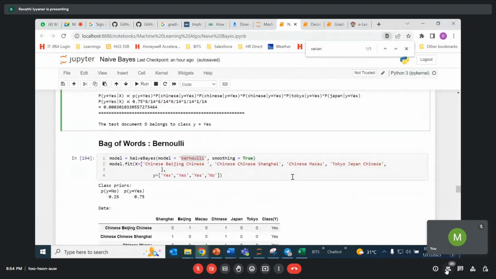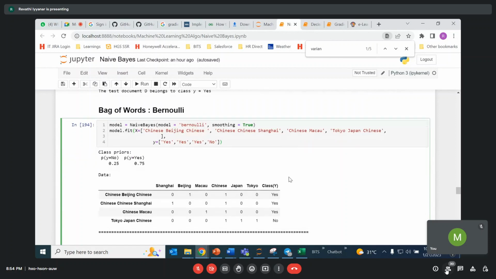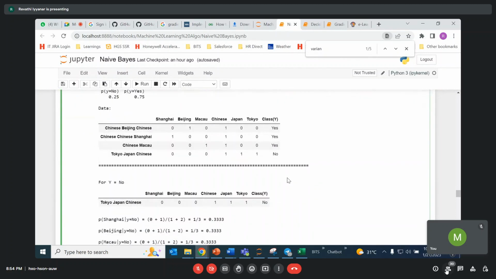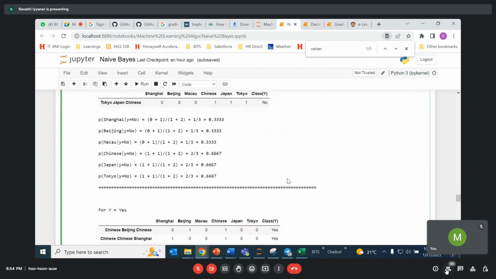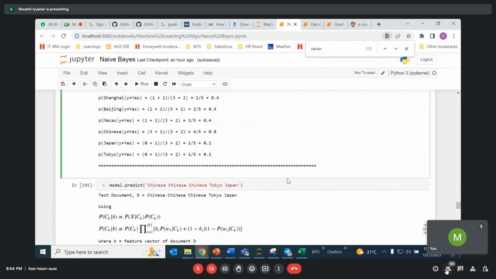I validated from different papers, and there was a small catch: one extra word it is considering under spam. Otherwise it's fine.